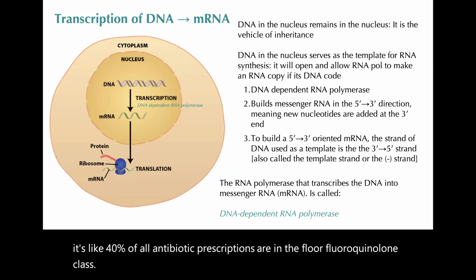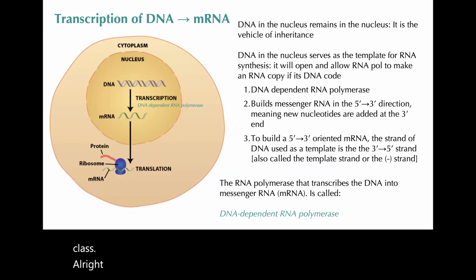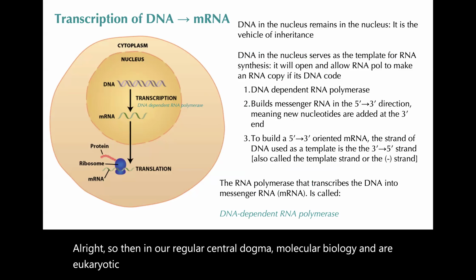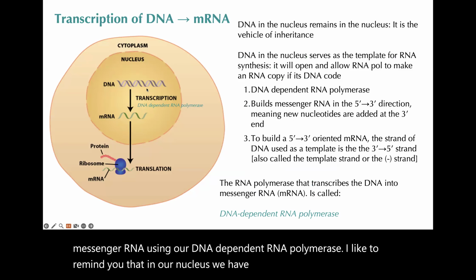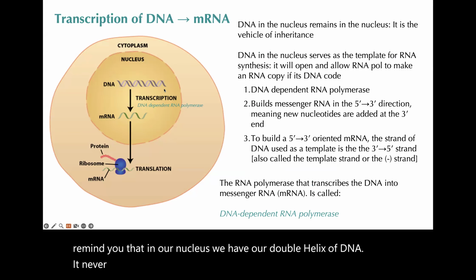All right. So then in our regular central dogma of molecular biology in our eukaryotic cells, we try to go from DNA to RNA, specifically our messenger RNA, using our DNA dependent RNA polymerase. I like to remind you that in our nucleus, we have our double helix of DNA. It never leaves our cell nucleus, all right?